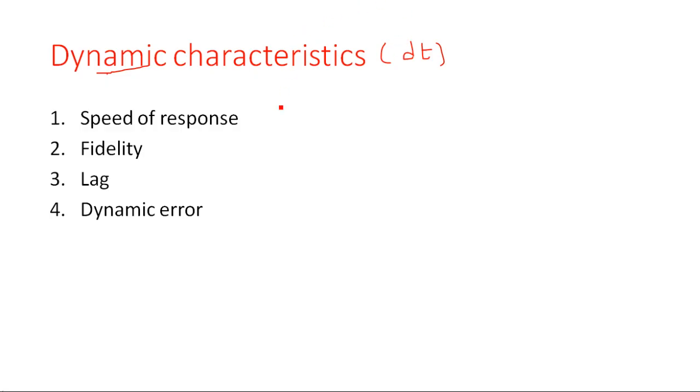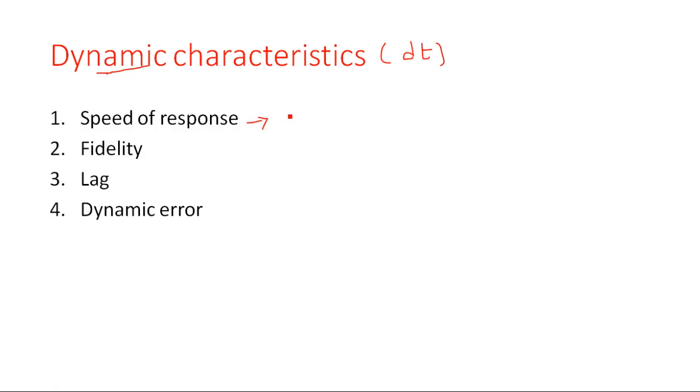So first one, speed of response. What do you mean by speed of response of the instrument? When you switch on the instrument, giving an example, if the instrument immediately responds and is ready to use, then we definitely appreciate that type of instrument and are always looking for such instruments.